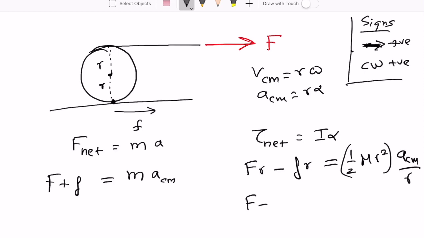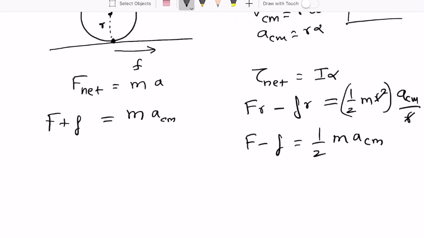So F minus little f is equal to, I'm mixing up the m's, I should use the same m. F minus little f is equal to, if you divide both sides by r, then you have an r squared downstairs, which cancels the r squared upstairs. And so you get 1/2 m ACM. And that's the second equation, connecting our two unknowns, f and ACM.